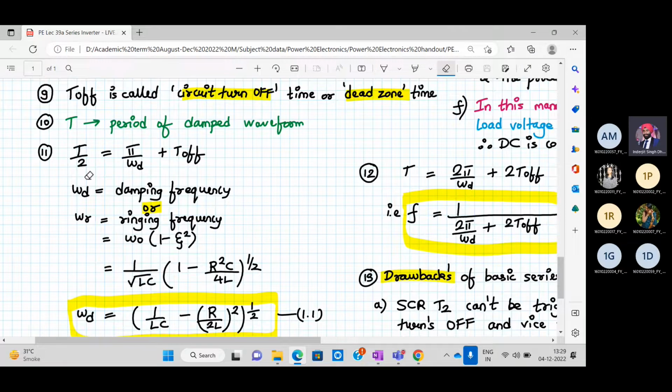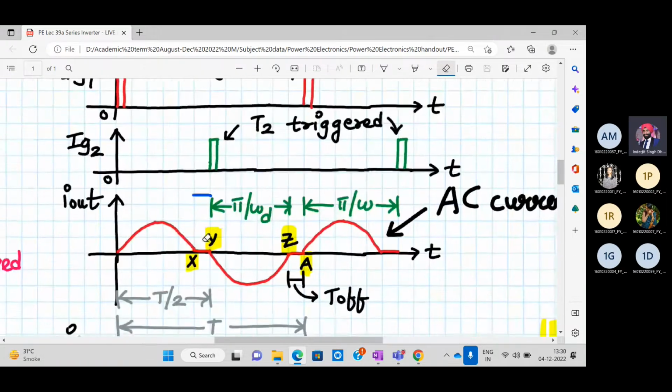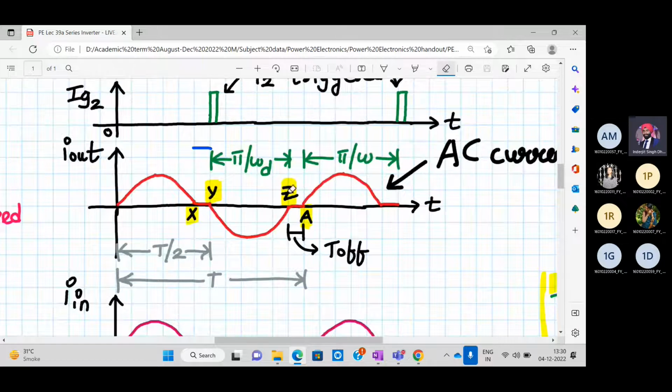T by 2 is the period they have marked in the output. From Y to Z, they are calling it pi by omega d. And from A to this point, including the dead zone region, it's pi by omega. That means pi by omega is capital T by 2, and capital T by 2 minus T off is pi by omega d. Are you following? Understood the difference between the two?